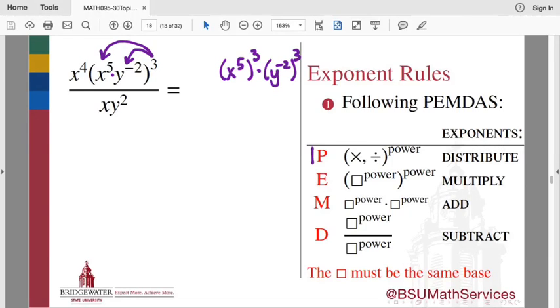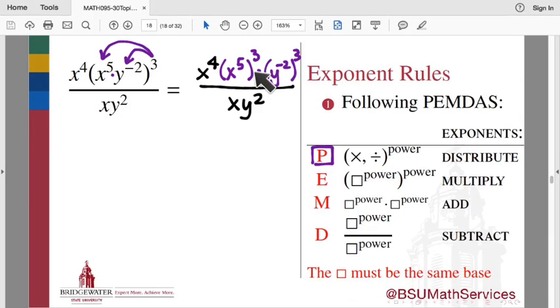So that was my first step, to distribute that power across the multiplication inside the parentheses. And then everything else will just carry over for now. X to the 4th on top, and then down here I have xy squared. So that takes care of all of our parentheses for which it's possible to distribute an exponent.